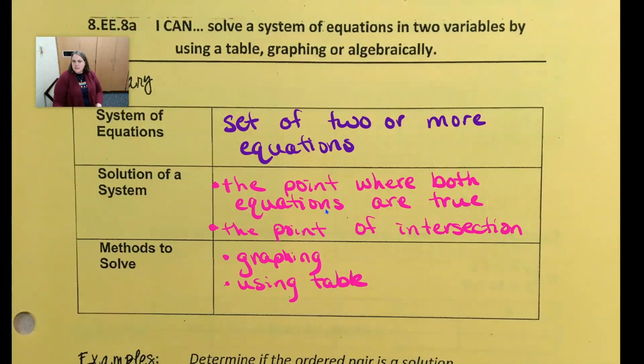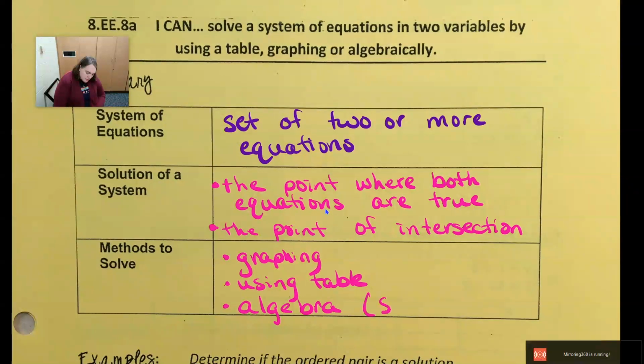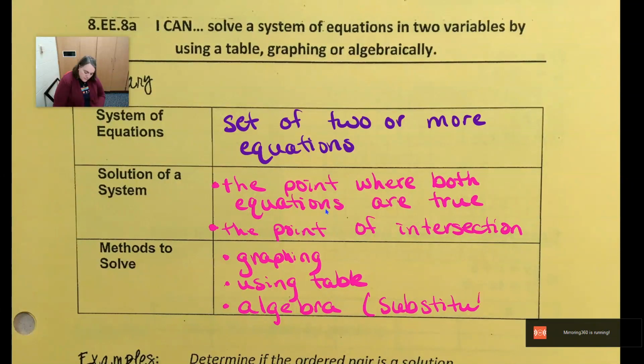But it helps us to understand what we're actually doing. And we're going to use algebra. That's what your book calls it, algebra, but most of the world calls it substitution. So we'll expose both of those there.